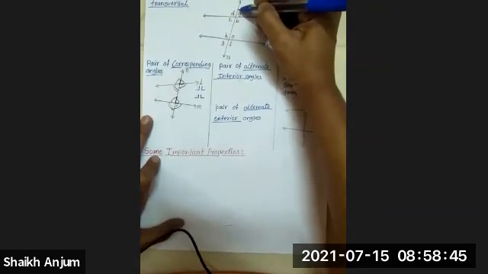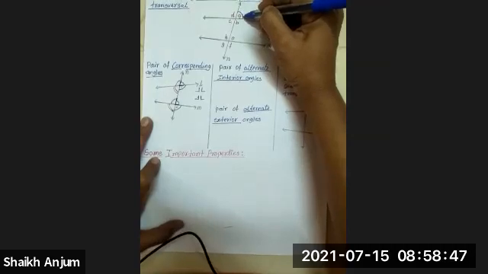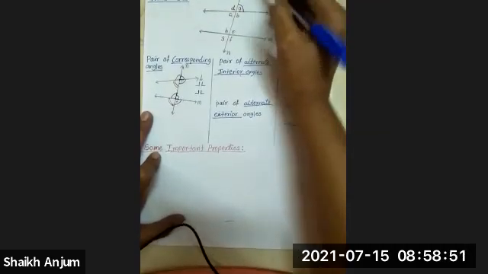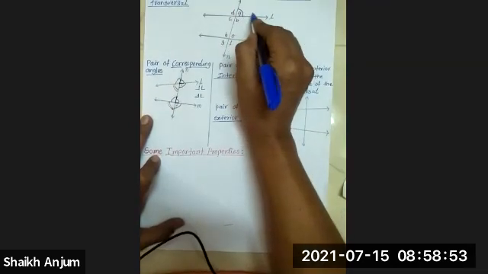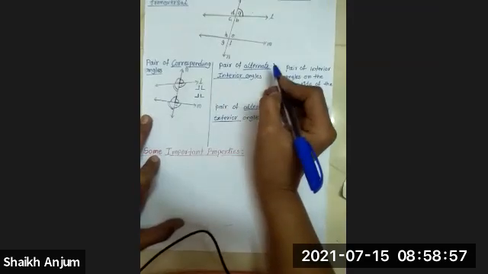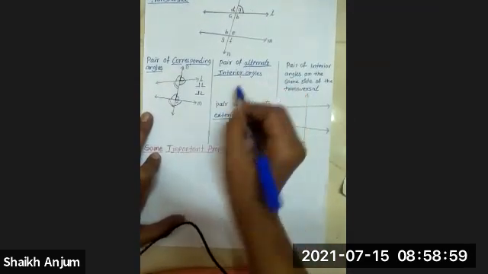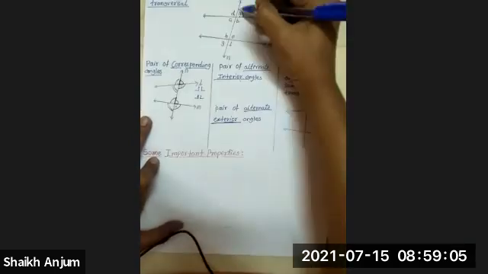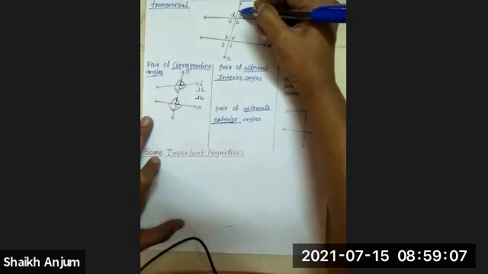So if I will take this angle, this is outside angle, and this is on right of the transversal. So outside angle, those are okay. I am explaining about the exterior. Okay, alternate exterior angle. So those are outside.